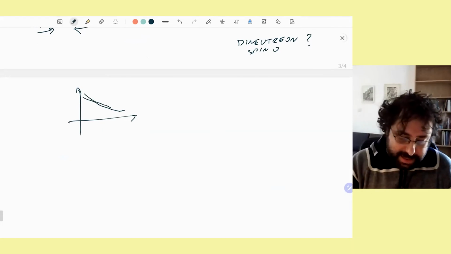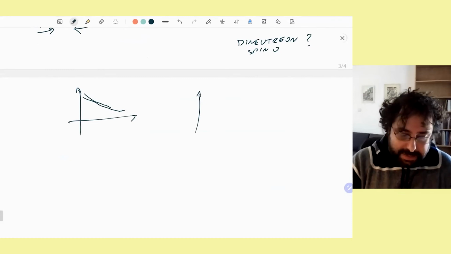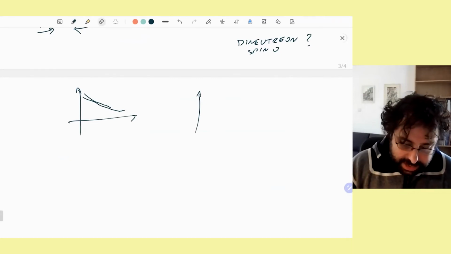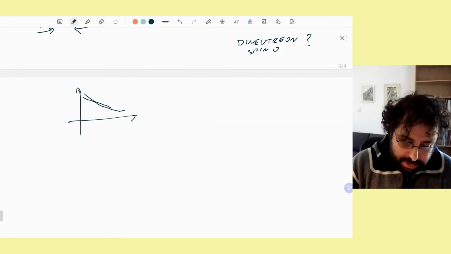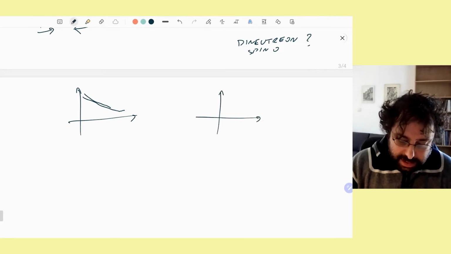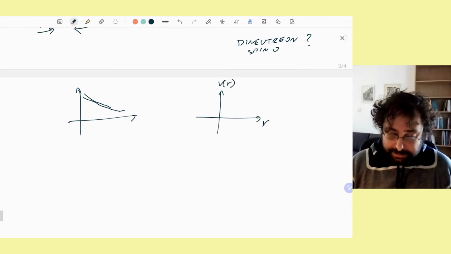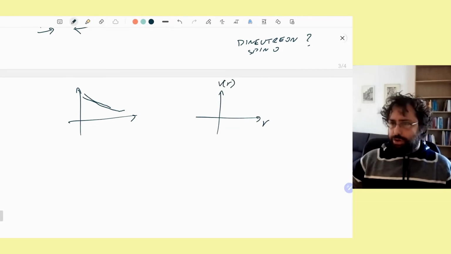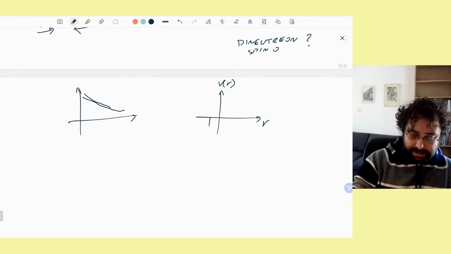So how can you explain this? Well, you can explain this by modeling the potential between the two states and calculating the scattering out of this. So you can see that if I plot the potential, okay, now the potential is a function of distance, and I can use the most crude model for this, so just a square well.